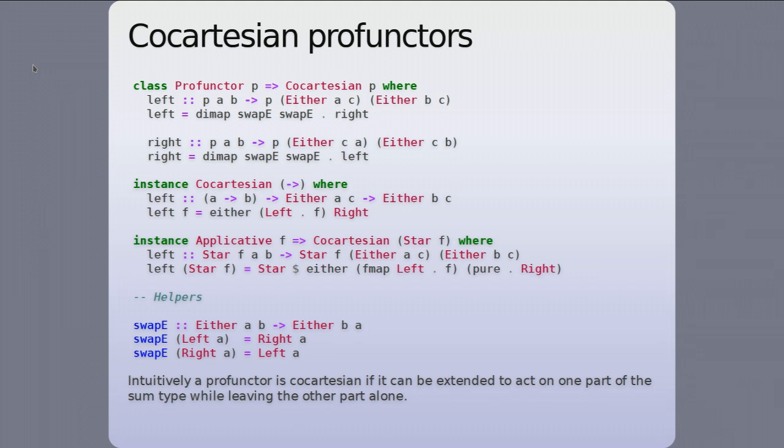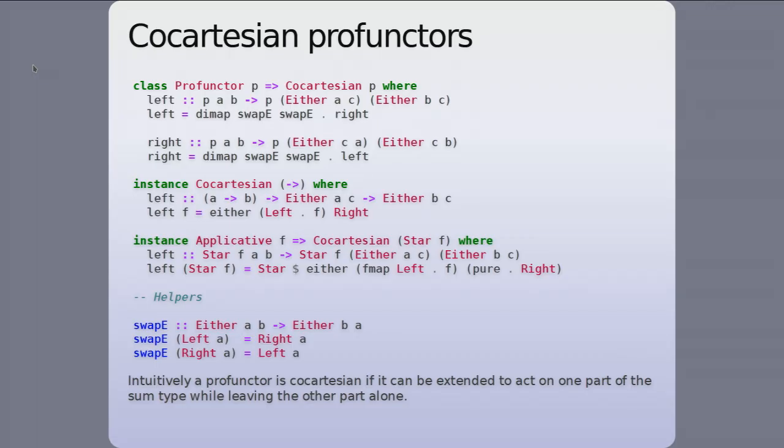And again, there is a left and right method. They are, again, symmetrical. Also, again, the function arrow and Star f are both co-Cartesian profunctors. With the function arrow case, we just map over the left side.